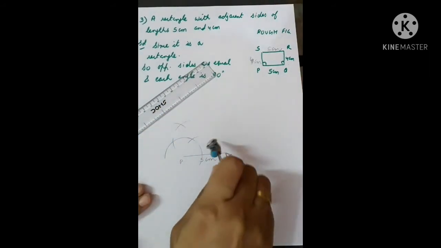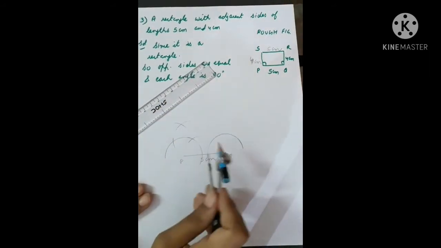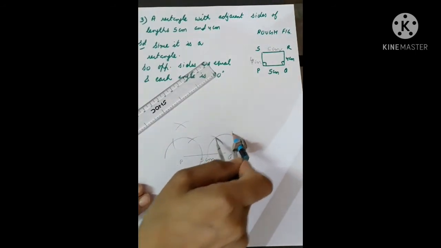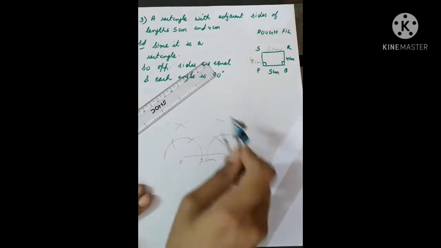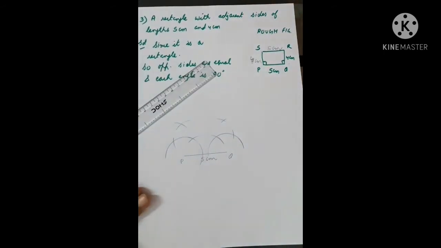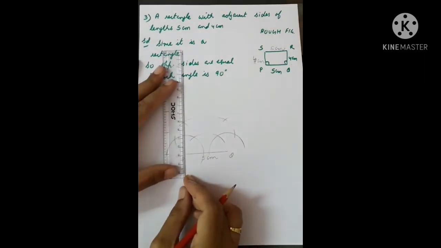Same thing I am going to do at point Q also. First is 60 degree, then 120, then the bisector of 60 and 120 is 90 degree. You might know how to construct 90 degree; we have already learned. Now we will join.